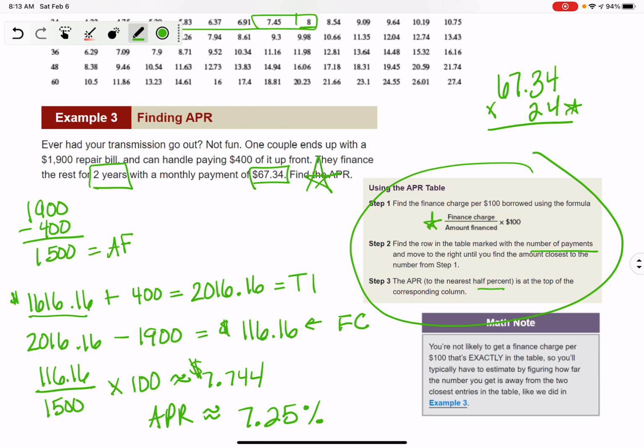And they financed $1,500 of it. Remember we had to subtract the down payment. And then that's how we ended up with our finance charge. We subtracted what they financed, or the total cost of the item, from the total installment, and we ended up with the $116.16.